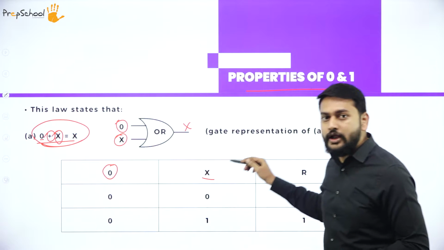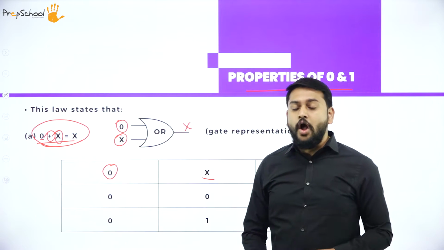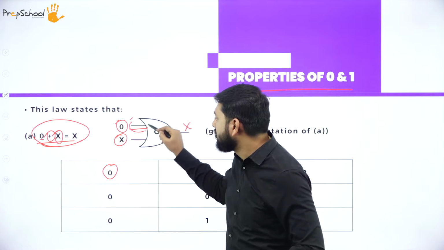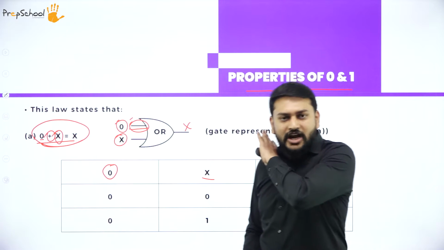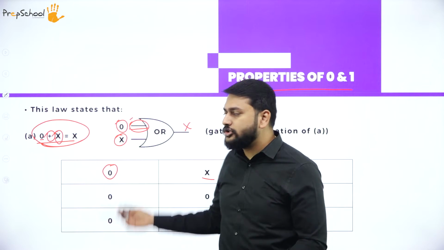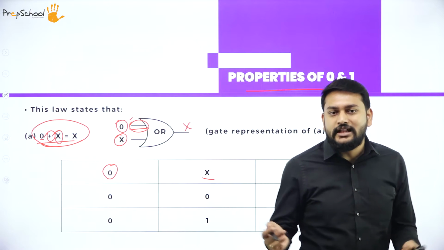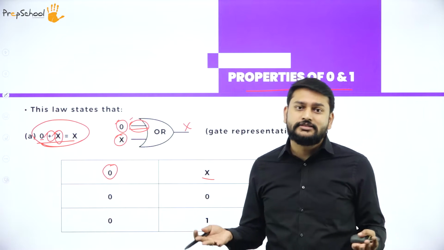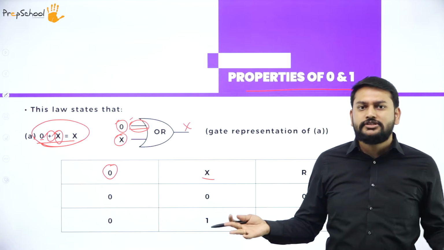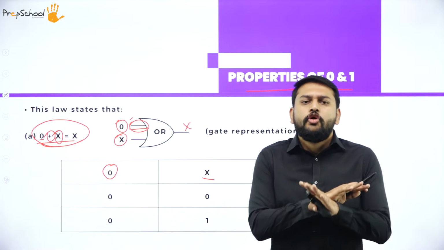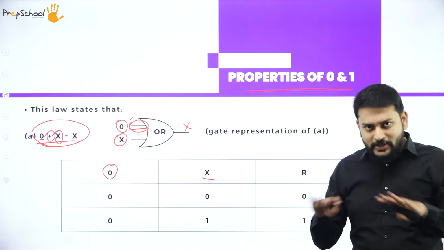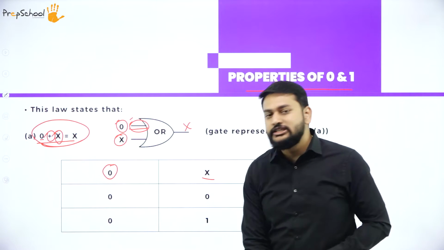One is the 0 input and another one is x. Obviously this input will be 0 because I already have the 0 value, so there is no change in that. That's why I am writing 0, 0. You are taking 0 as the input, so there will be no change in the input combinations. For all the combinations of inputs, it will be 0.